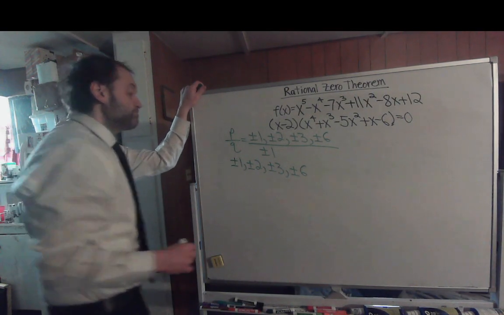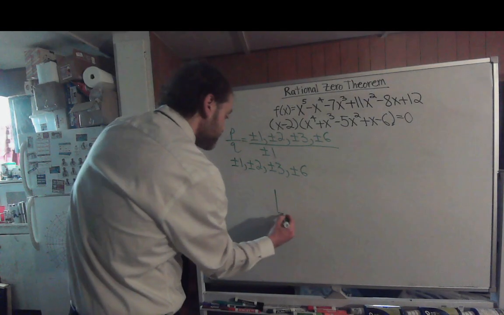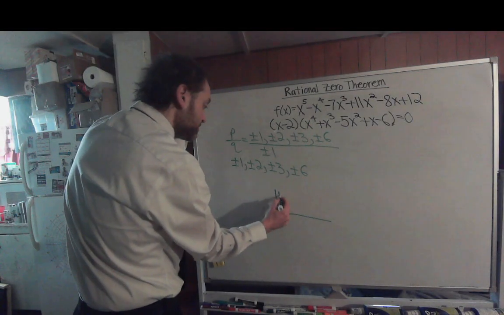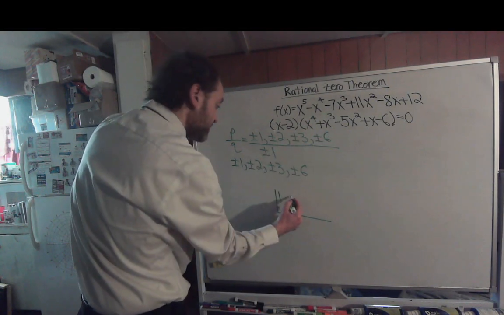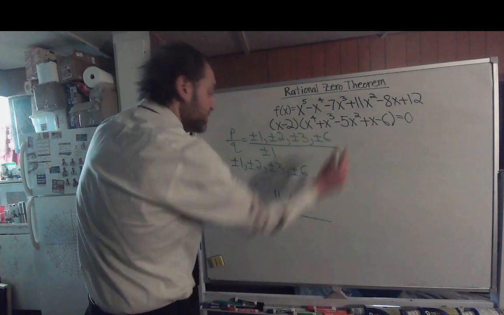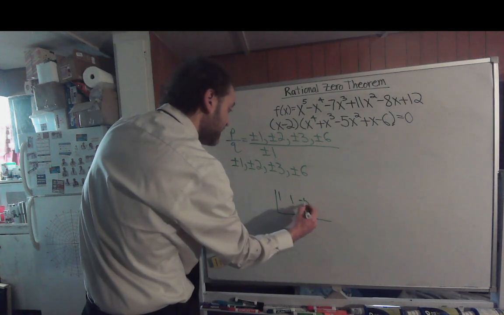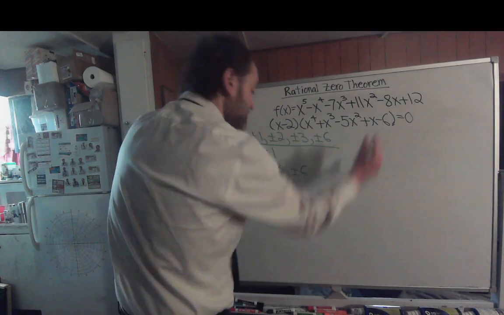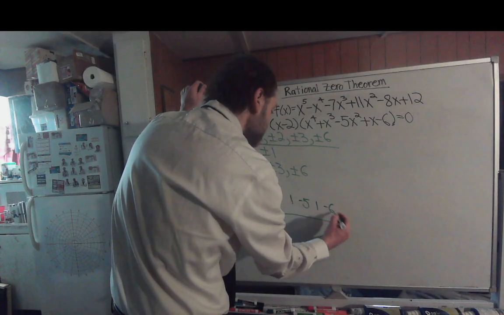All right, let's go ahead and do our synthetic division here. So coefficient on x to the fourth is 1, coefficient on x to the third is also 1, coefficient on x squared is -5, coefficient on x to the first is 1, the constant term is -6.